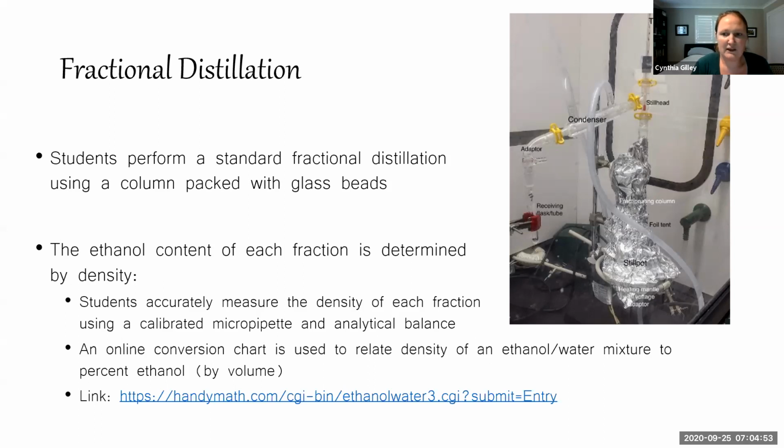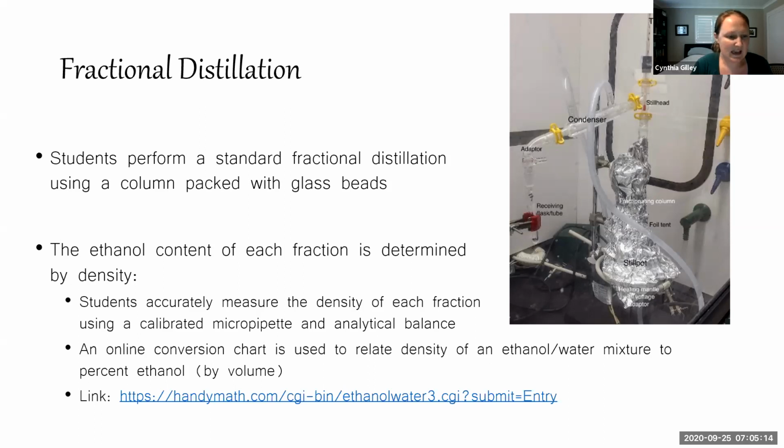So while the distillation is going, students are practicing measuring an accurate density using calibrated micropipettes and an analytical balance. An analytical balance is a much more precise balance than the normal balances that you might use in the lab.